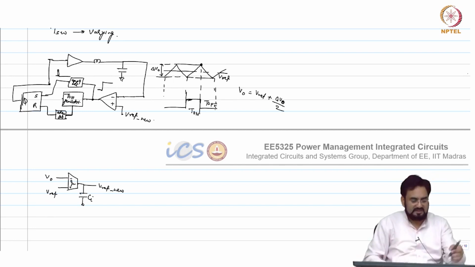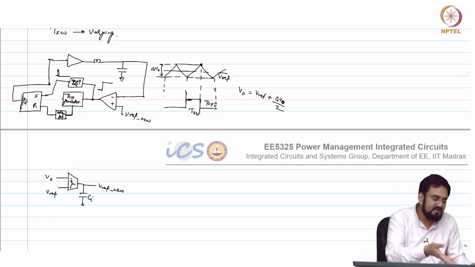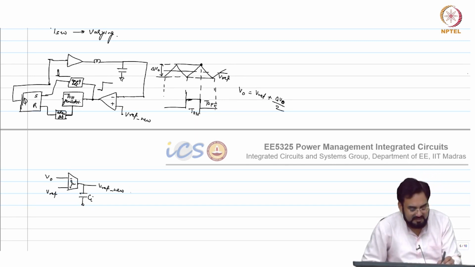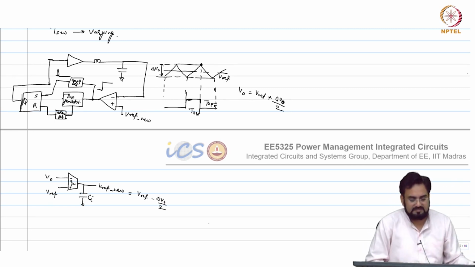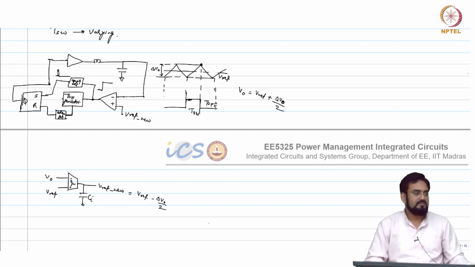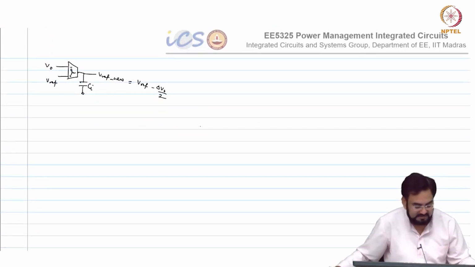That's it. This integrator will automatically force your Vref new to a value for which V out equals Vref. So this Vref new will be nothing but Vref minus delta V out by 2. So it will cancel out that error.